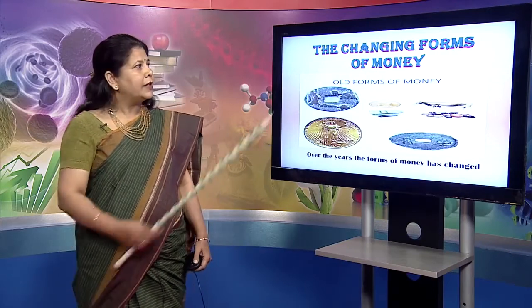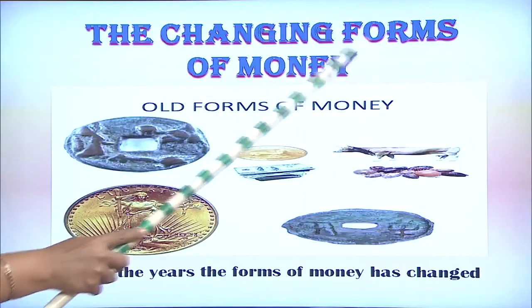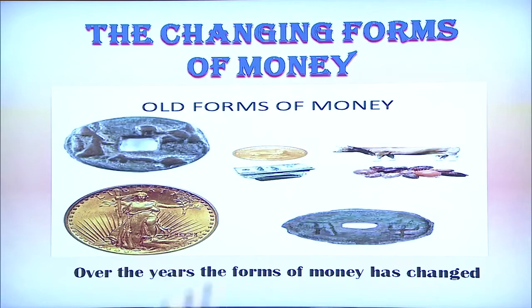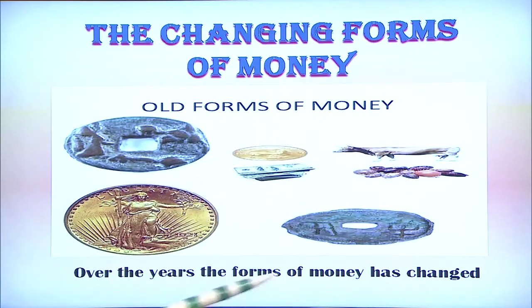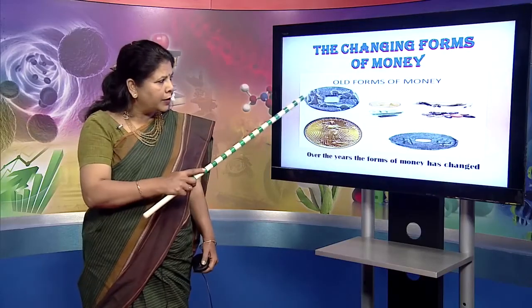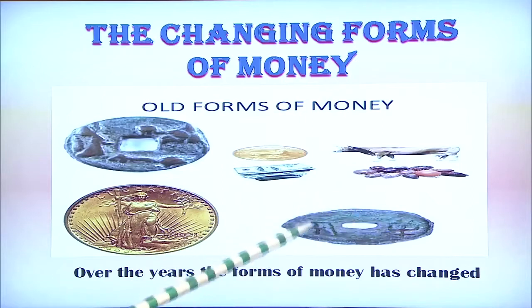Let us now understand the changing forms of money. The old forms of money, as you can see, have been evolving from cattle to salt to seashells and then to various metallic coins, with a hole in between so they could be strung or put into a kind of necklace form.